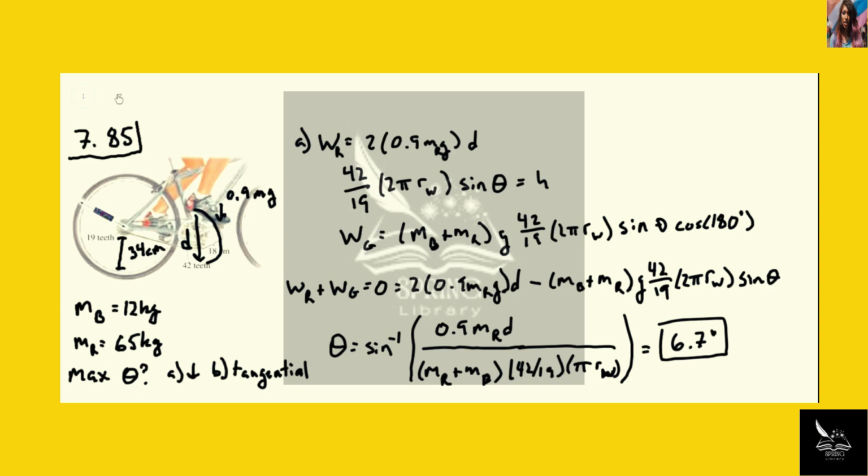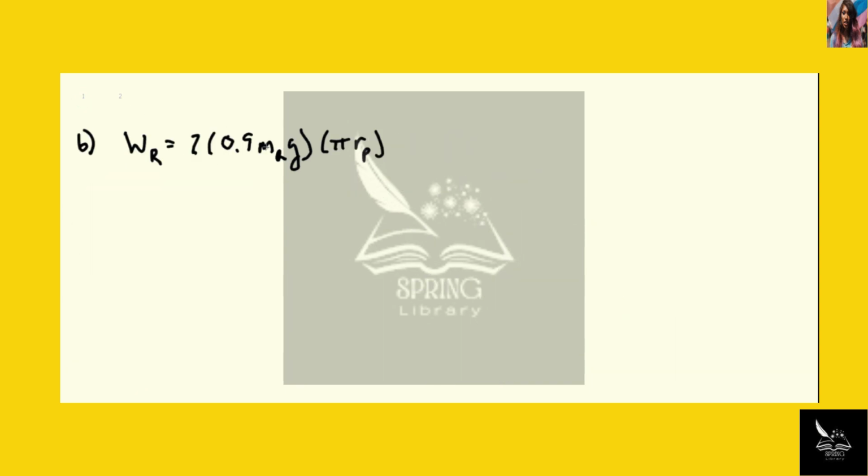So 2, because we have 2 feet acting per revolution, and the rest of this expression is for what 1 foot does. So 90% of the weight of the rider, pi times the pedal radius. And so then we just repeat everything we did here, except with this other expression for the work the rider does.